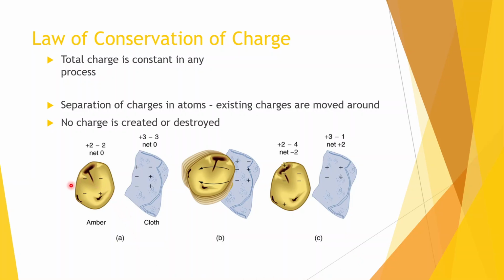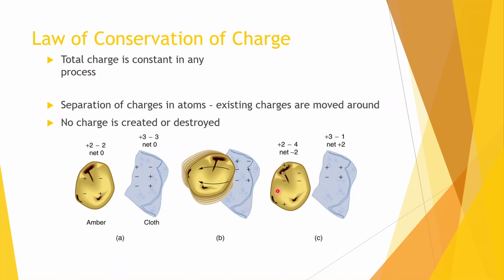So we have, say, amber and a cloth, and we have net charges of these objects of 0. We bring them close into contact to where we have some sort of exchange of charges, and we can then get overall net charges that are different than before.